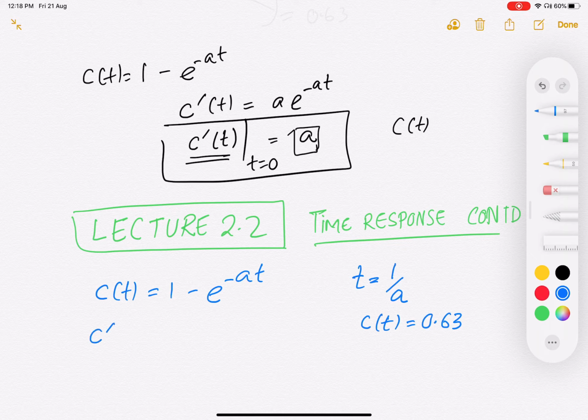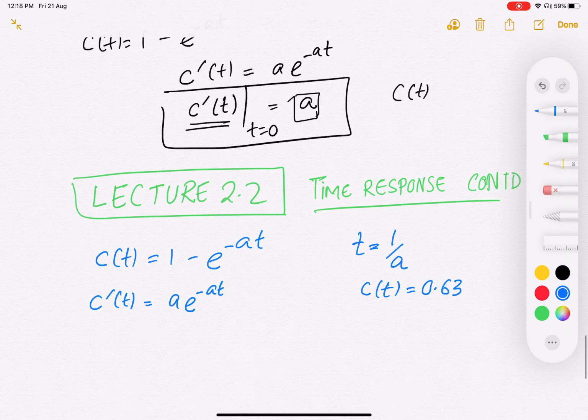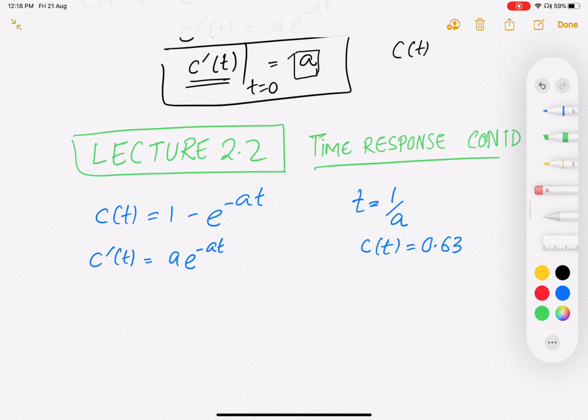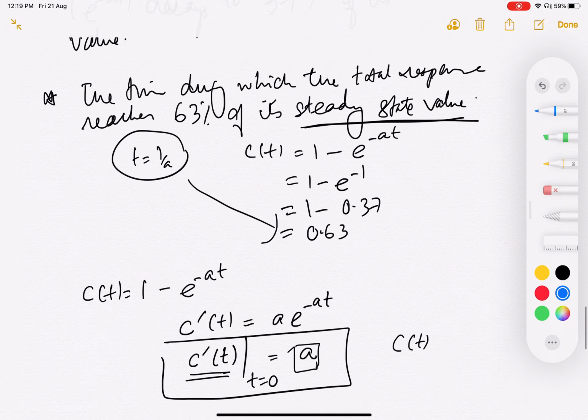If you differentiate c(t), you will obtain a e to the power minus at. And if you look at the value of this derivative at t is equal to 0, it is equal to a, which means that the rate of change of the output at t is equal to 0, when it actually started changing, was equal to a.